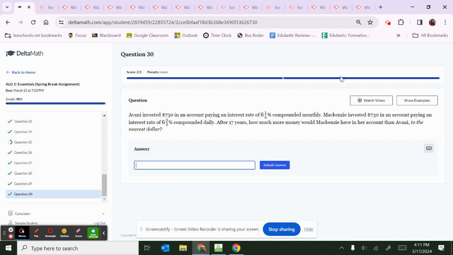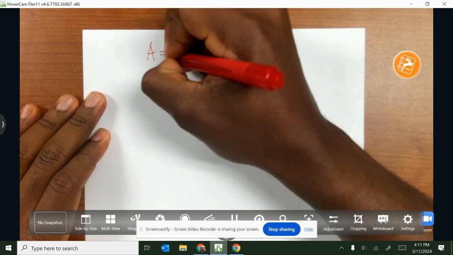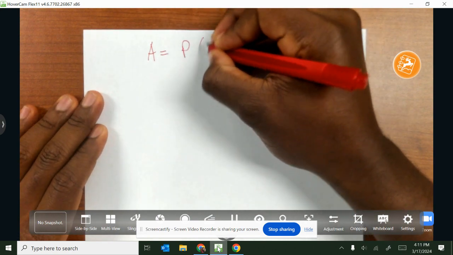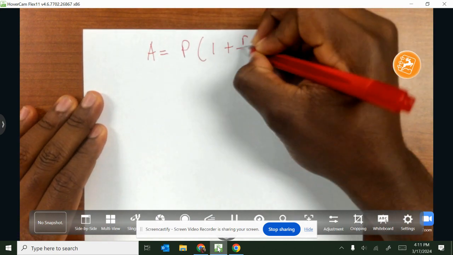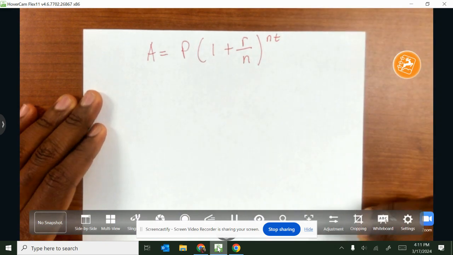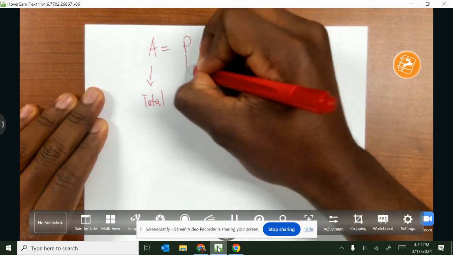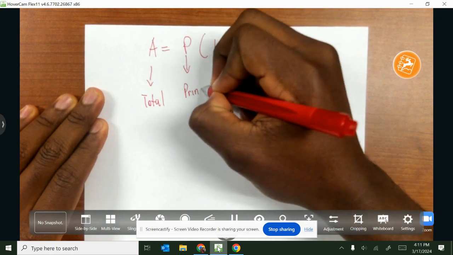So again, I'm doing compounded interest. The formula for compounded interest is A equals P, parentheses 1 plus R over N, to the exponent N T. So again, A is your total. P is your principal or your initial.